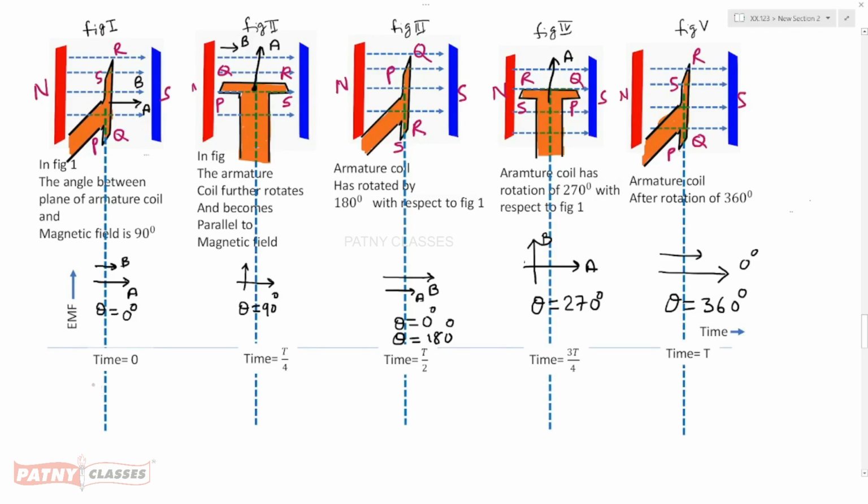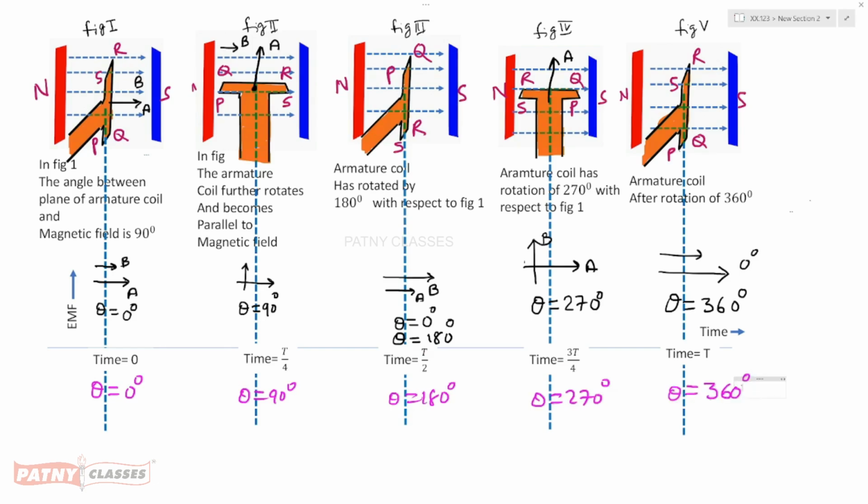Therefore, at time t equals 0, theta equals 0 degrees. At time T/4, theta equals 90 degrees. At time T/2, theta equals 180 degrees. At time 3T/4, theta equals 270 degrees.